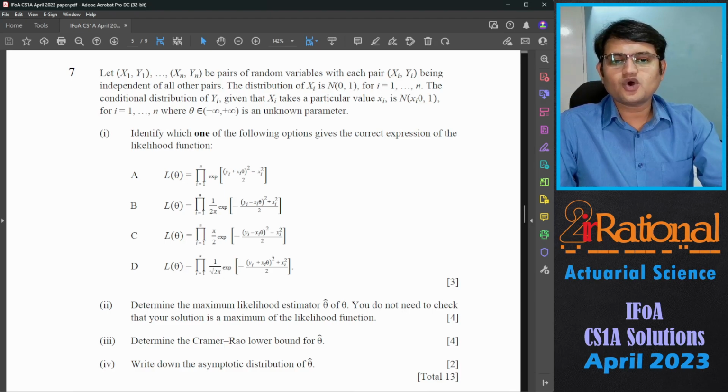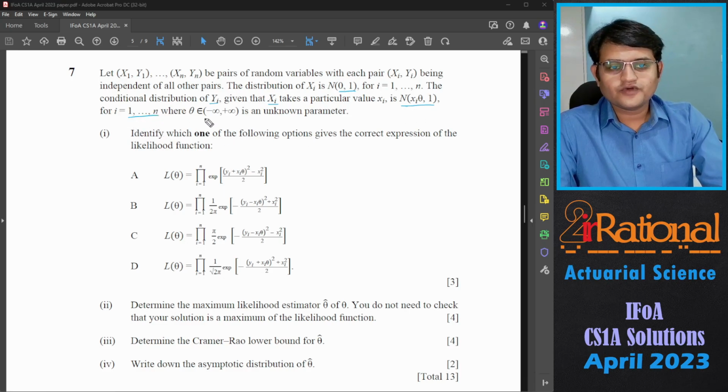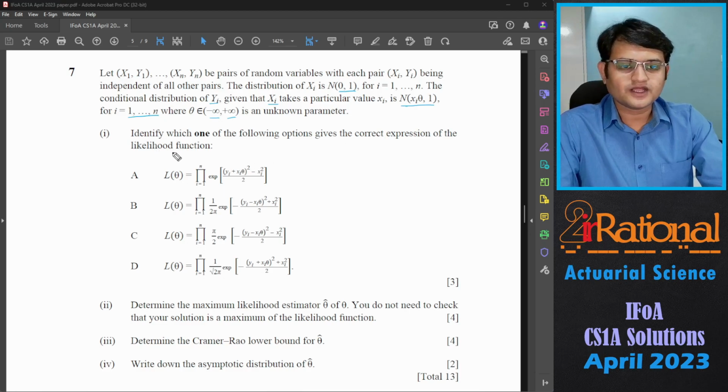The distribution of x is normal distribution, standard normal actually, 0, 1, and the conditional distribution of y given x takes a particular value xi is normal xi into theta, 1 for i going from 1 to n, where theta is between minus infinity to plus infinity is an unknown parameter. Identify which one of the following options gives the correct expression of the likelihood function.